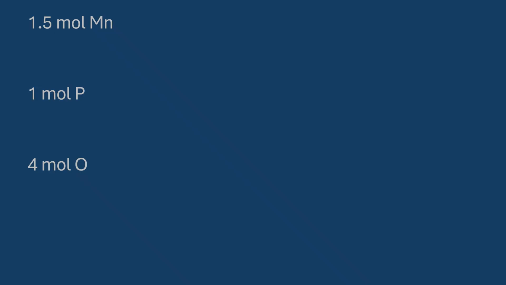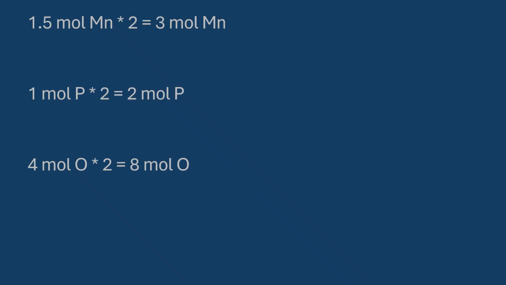So to get rid of this 0.5 decimal, we're going to multiply all of these values by 2. 2 is the reciprocal of 1/2, and this multiplication step effectively cancels out the fraction. We have to multiply all 3 of these values by 2, even though manganese is the only element with a fraction, because what we do to one part of our problem, we are going to have to do to all parts of our problem. At this point, we have a whole number ratio and can begin building our chemical formula.